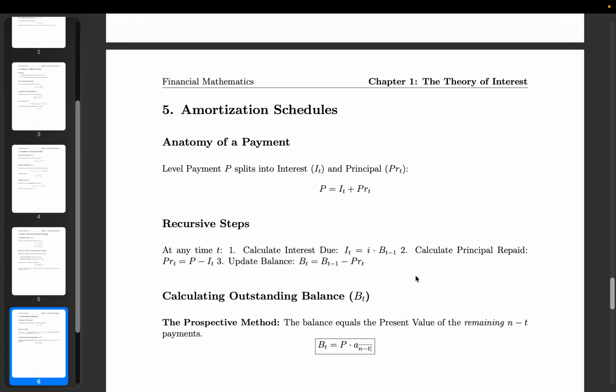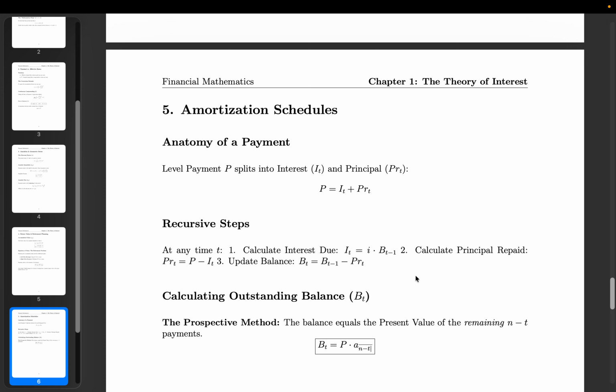Here is the tragedy of the amortization schedule. At the start of a loan, your balance B_{t-1} is huge, so I_t, or interest, is huge. Most of your payment goes to interest, only a tiny fraction chips away at the principal.